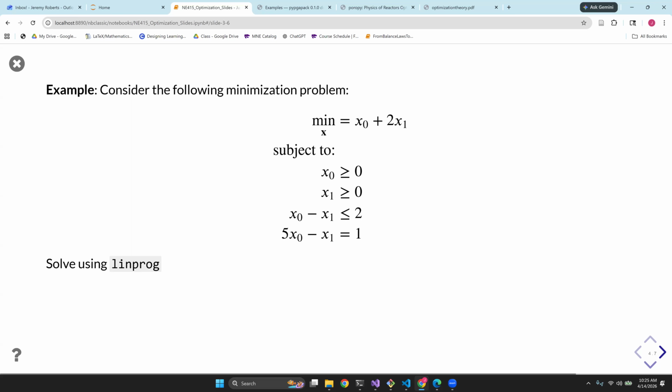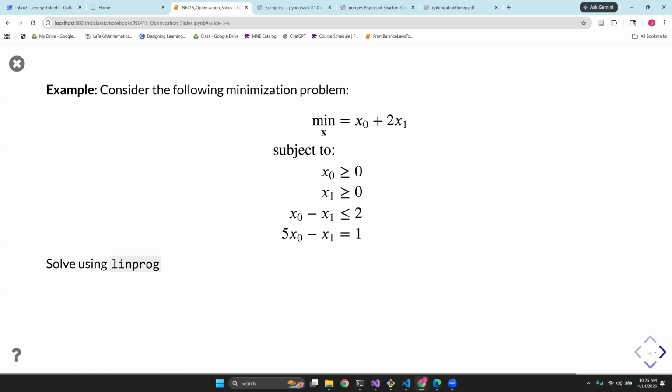Then the other feature of a linear program are the constraints. If you look at these constraints, what can you tell me about these constraints? Do they share anything with the objective function? We still see just x0 and x1. How are they combined? Are they put into ugly functions? Are they squared? Are they multiplied by each other? Or are they added together? It's a linear combination.